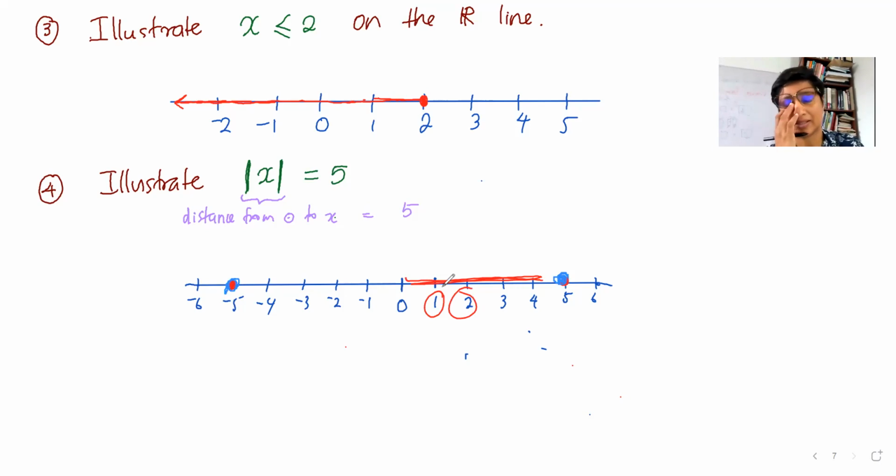No. I'm saying equal to 5. This distance from 0 to x must be 5. Then it's only 2 numbers in this set. Illustrate it on the number line: only 2 dots, 2 points, 5 and minus 5, and that's all.